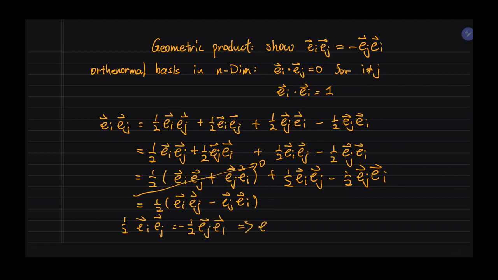This means that e_i e_j is equal to minus e_j e_i.